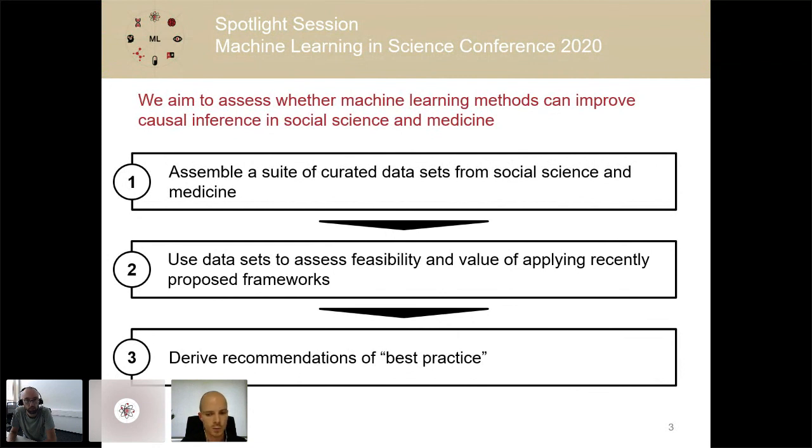So one way would be to use causal discovery to come up with a graph and then do some causal estimation. Or the traditional way is to come up with a graph from literature, from theory, from domain knowledge. And this can also be combined.